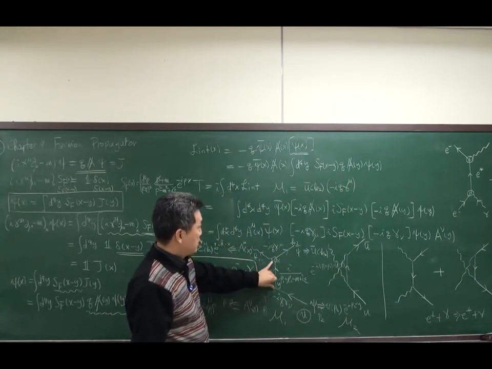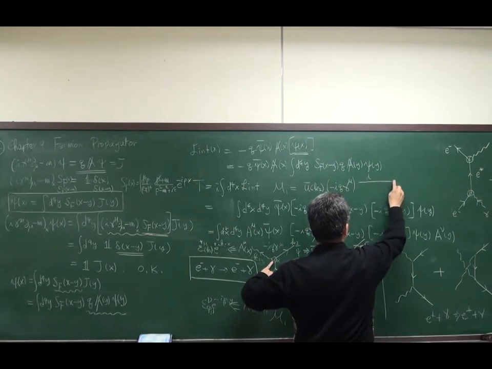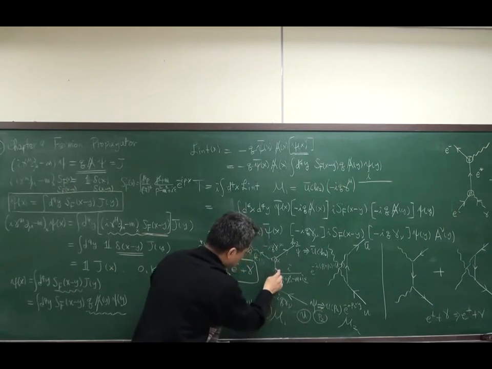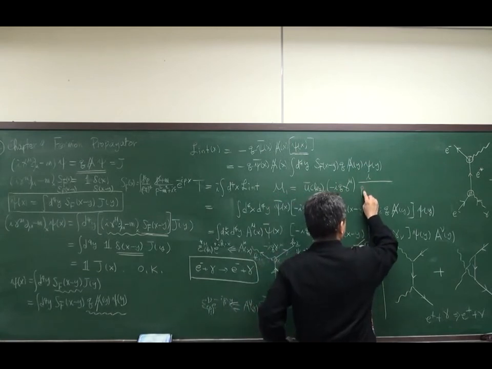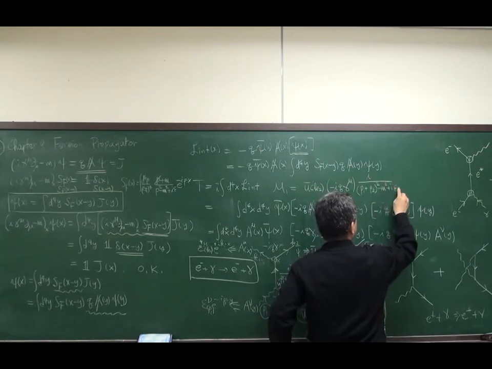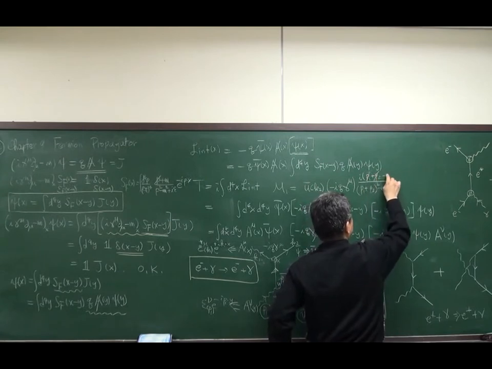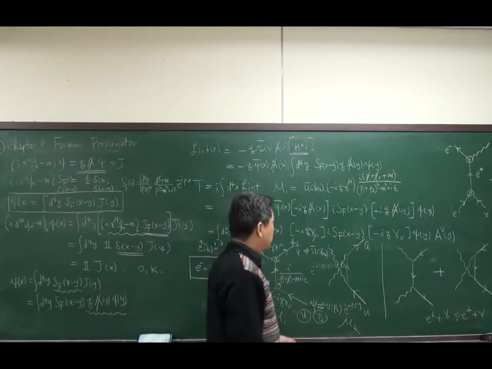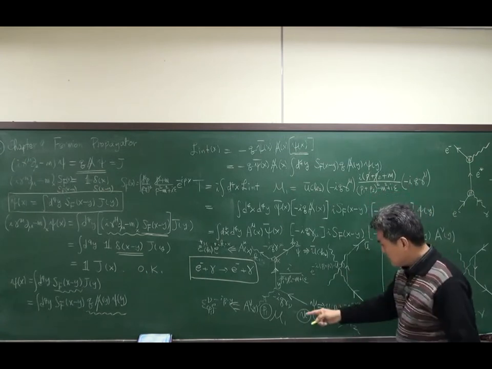And then the propagator i over, what is the momentum? This p1 and p2 combine to have a single momentum, so the total momentum is p1 plus p2. And then there's a gamma matrix, and the initial state wave function.